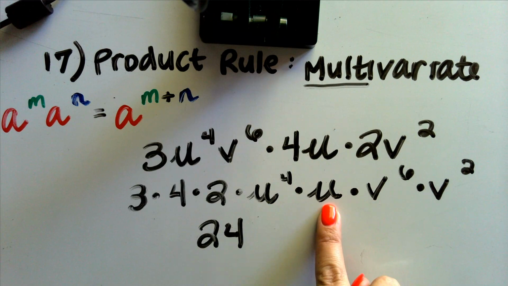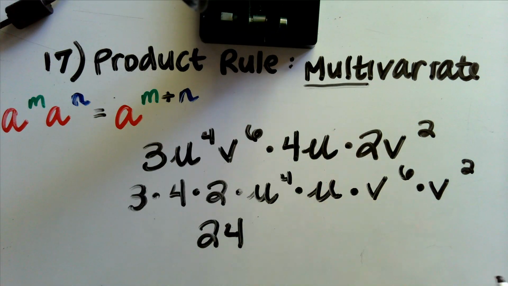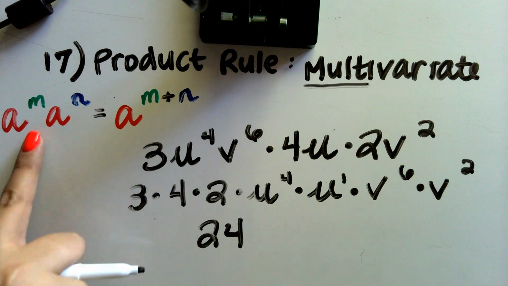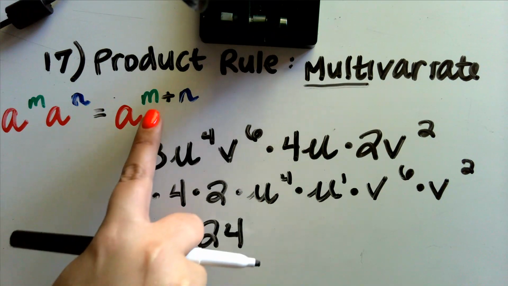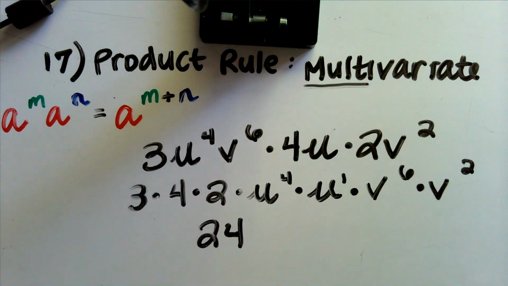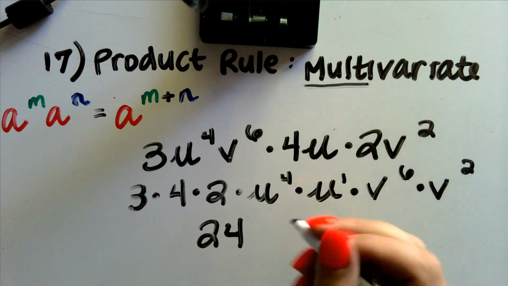U to the fourth times u. Now remember, there's not an exponent written up here, but we can go ahead and include that invisible 1 in there. Now remember, if they have the same base, our product rule of exponents tells us that we can go ahead and add together our exponents. U to the fourth times u to the first.